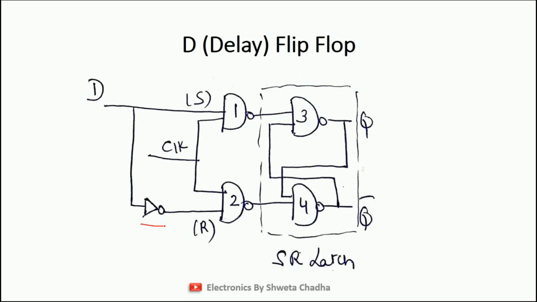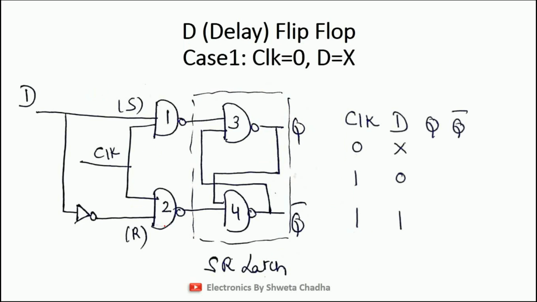Now let us discuss the truth table of D flip-flop, for which I will be utilizing the truth table of SR flip-flop. So let us start. Case number 1, I have clock input, I have D input, so I have written it over here, clock, D. So students, when clock is 0, D, a don't care term, can have any value, either 0 or 1, doesn't matter.